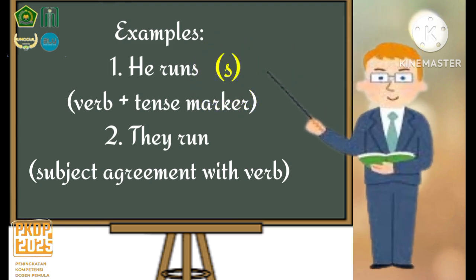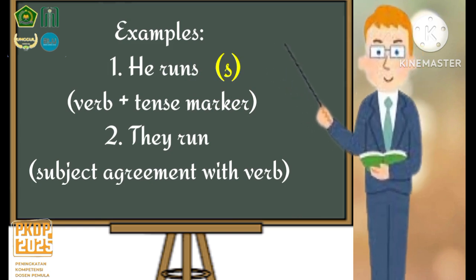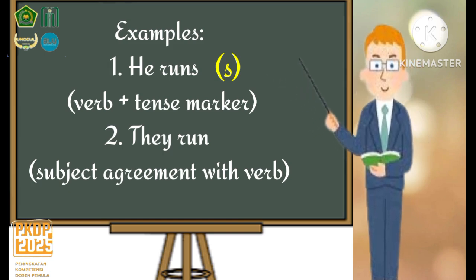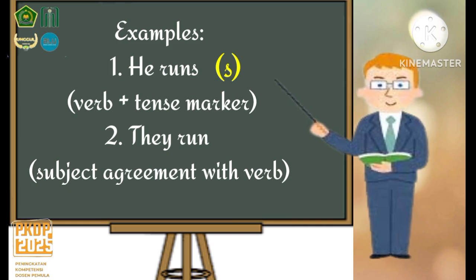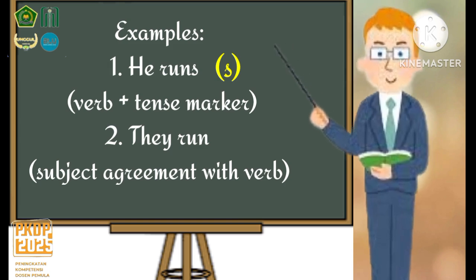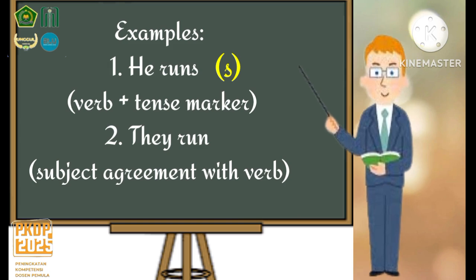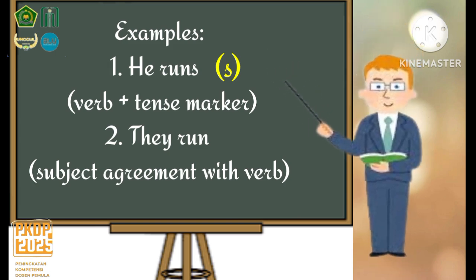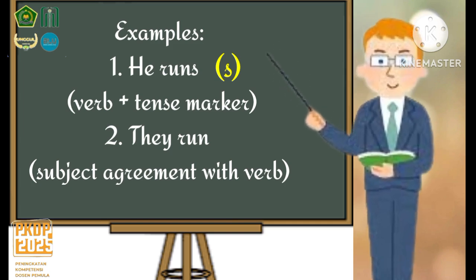The first sentence consists of a verb plus tense marker, and the verb run is added with the suffix s because there is the subject he. The second example, the second sentence, is they run. The verb run is not added with the suffix s because the subject is they.